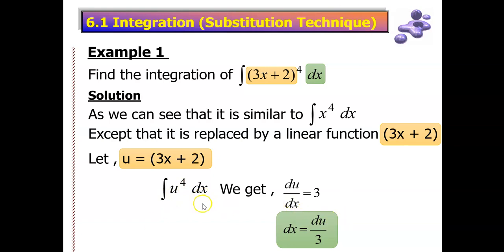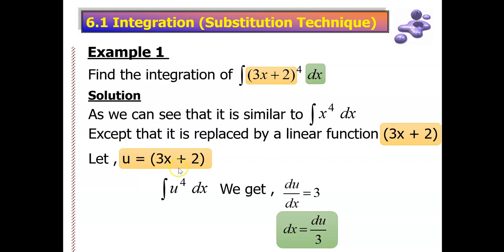So we get du over dx. Right? Where do you get du over dx? Okay, the du over dx you get from here. See, you differentiate u with respect to x.